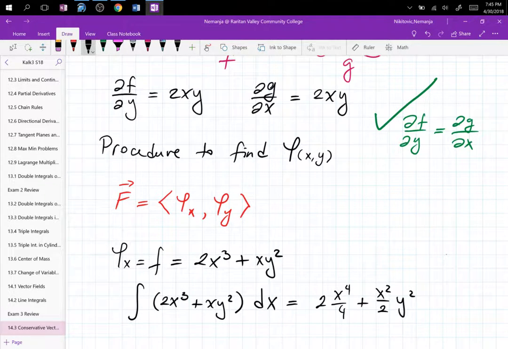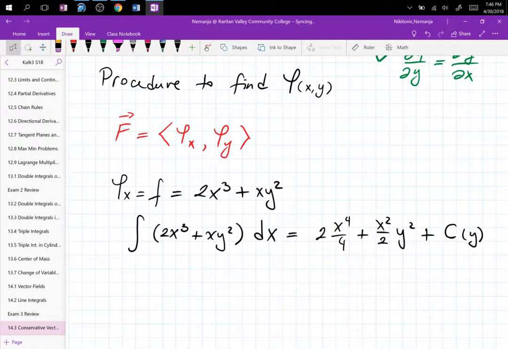And now, guys, this is new: plus a constant as a function of y. You haven't had that before for integration. Why do I have a constant with respect to y?